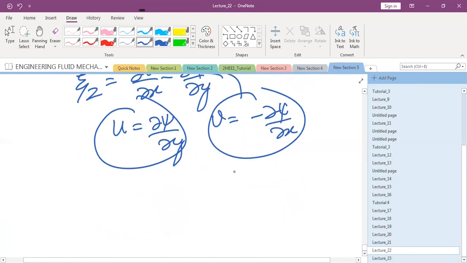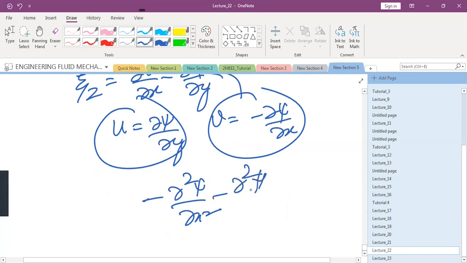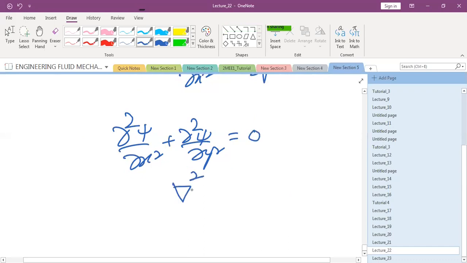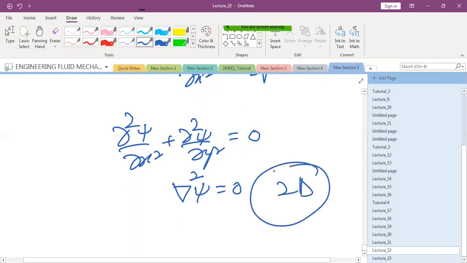If I put v, I get minus curly square psi by curly x square. And if I put u here, I get minus curly square psi by curly y square is equal to 0. Or in other words, curly square psi upon curly x square plus curly square psi upon curly y square is equal to 0. So this is del square psi is equal to 0, but now in 2 dimensions. Is that clear?